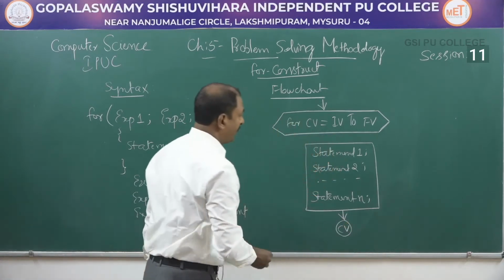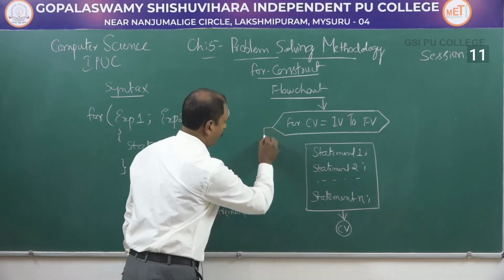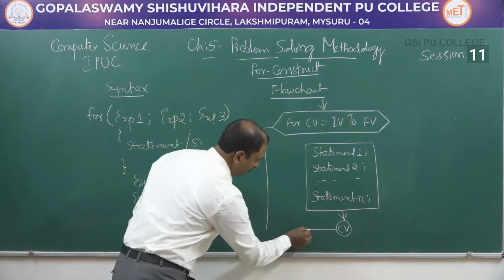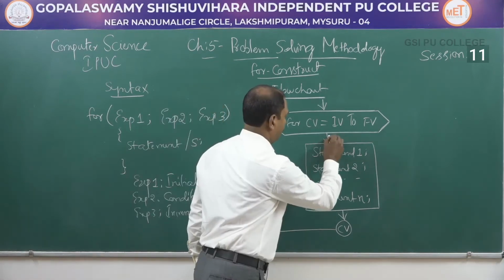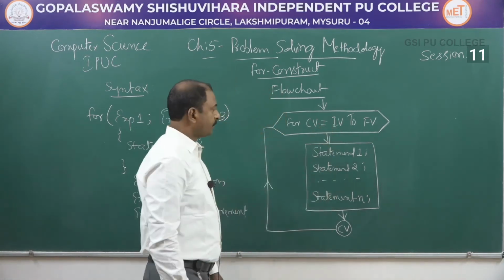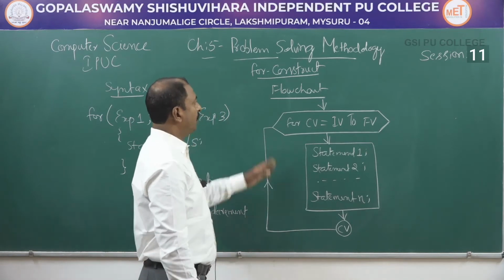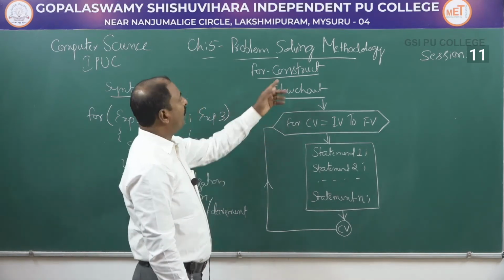This is the control value. This is a flowchart to represent the for construct.